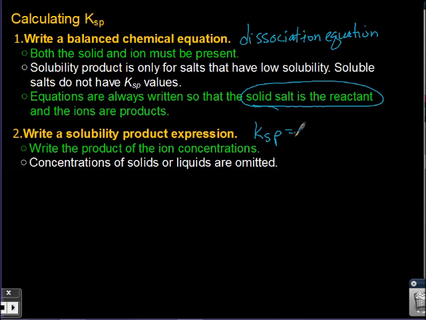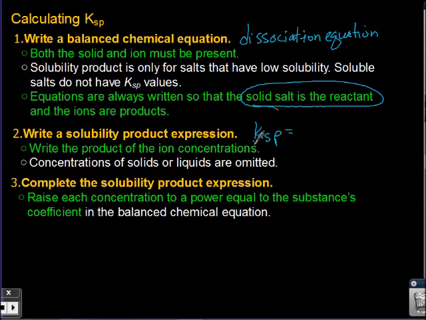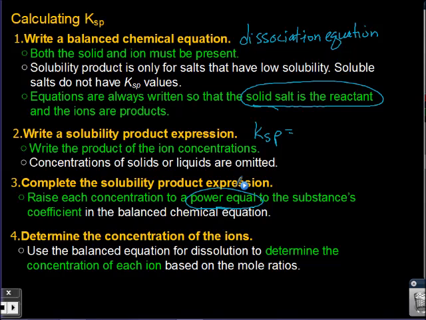The solubility product constant expression is the KSP expression. You're going to complete it by putting any powers in that you need. And then you're going to figure out the concentration of the ions. You can use the amount that was put in of the salt to figure out the concentration of each ion. If you have 2 of something, you may need to use mole ratios. For the fluorine, there were 2 fluorine ions, so consider that times 2 when you're trying to figure out the concentration.